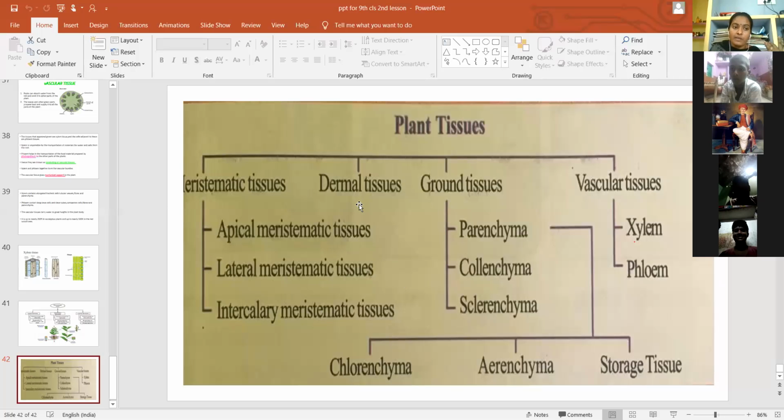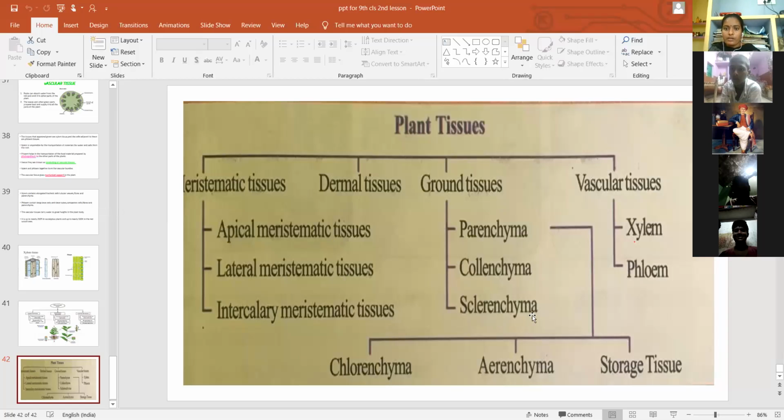The epidermis is the outermost layer, the mesodermis is the middle layer and the endodermis is the innermost layer. Next, the ground tissue is of 3 types: parenchyma, collenchyma and sclerenchyma.